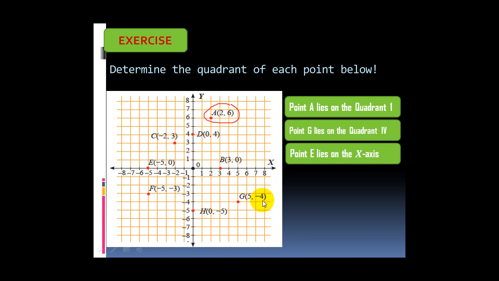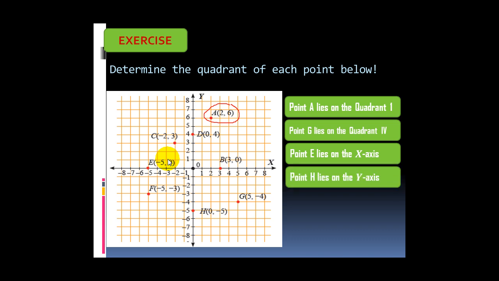And then point E lies on the x-axis. Nah, yang diketahui, given the value of x coordinate, and the value of y coordinate is always 0. That is why point E lies on the x-axis.